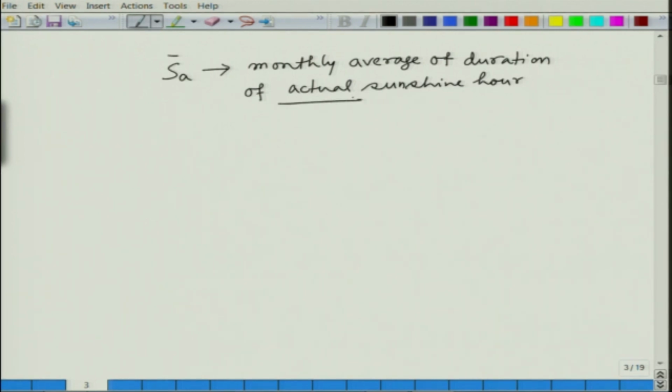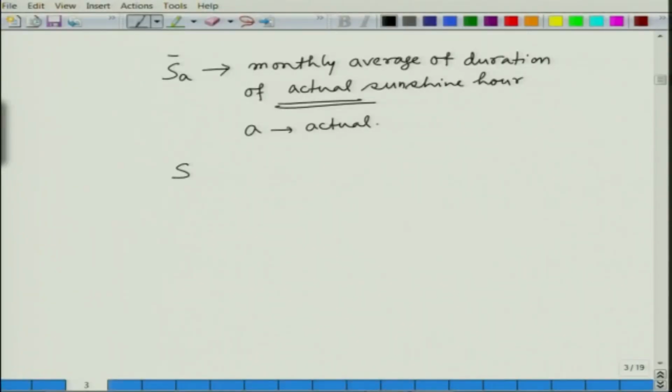So, this actual term is the key point here, and that is why the subscript A stands for actual. And sunshine hour, what do we mean by that? For how long the sun is actually radiating, that is the sunshine hour.